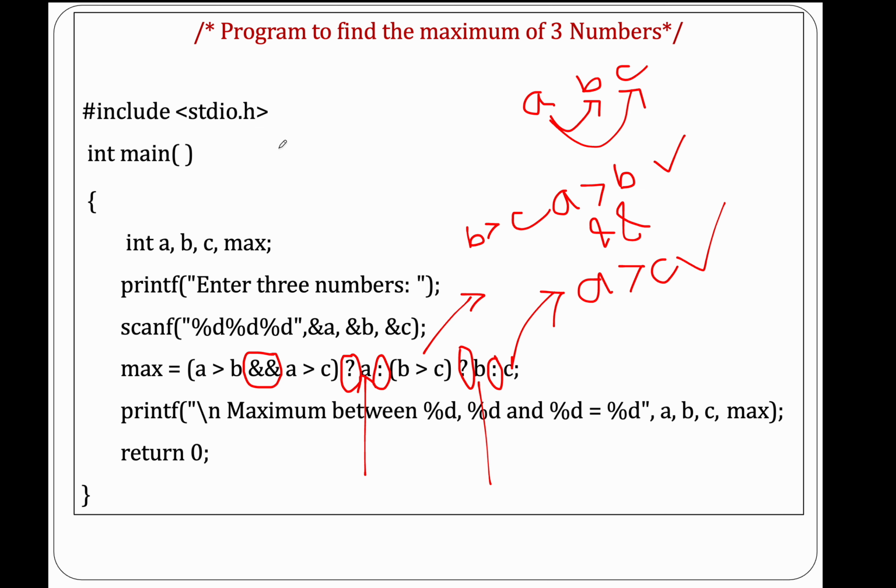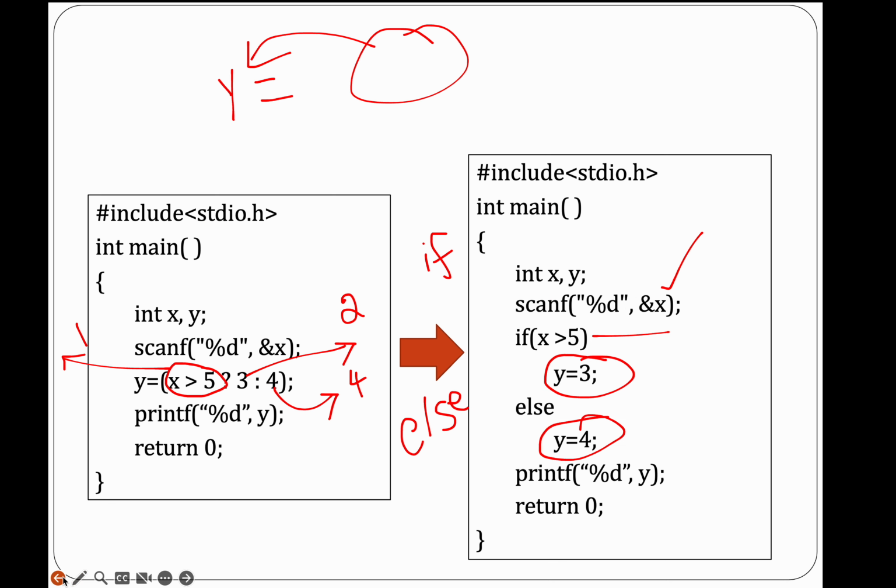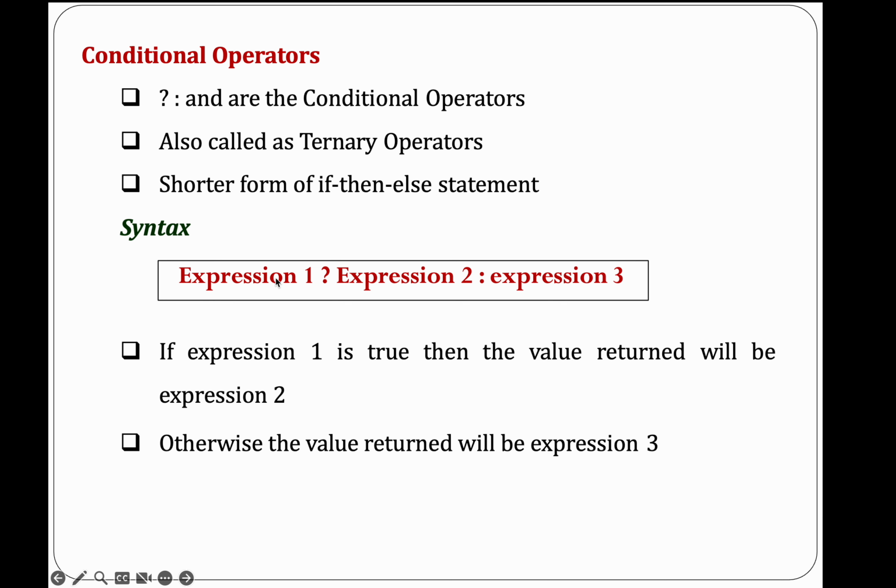Two times, for example, expression 1 is checked, if it is true, expression 2 will be printed, else expression 3 has some condition. So if you look at the syntax carefully, expression 1 is evaluated based on expression 2 and expression 3.